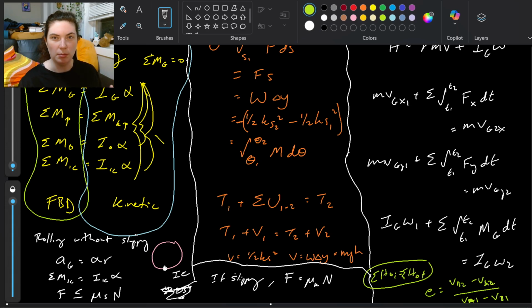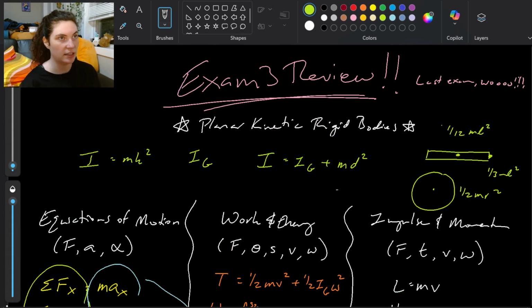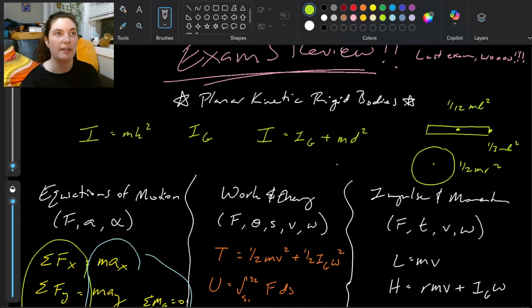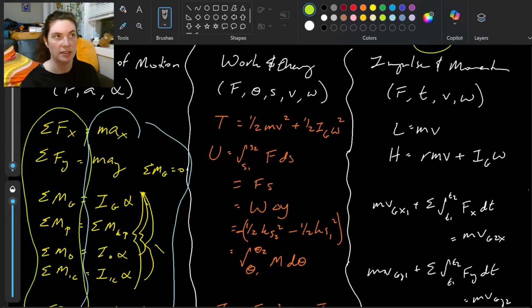So all of the problems on this exam are going to be truly on the same topic. It's all planar kinetics of rigid bodies. You just have different application methods that you can use. I'll give you one problem of each, where one problem ideally uses one specific method to solve it, but hypothetically you can use any method to solve any of these problems. Whatever works for you.